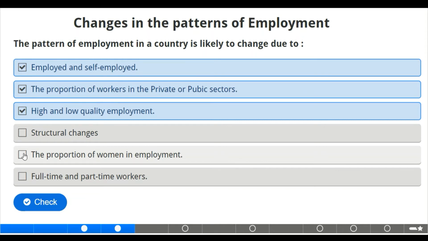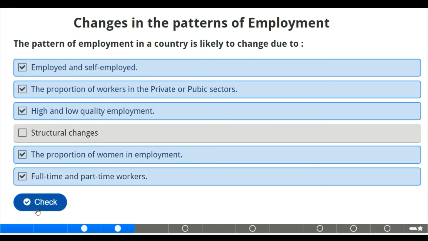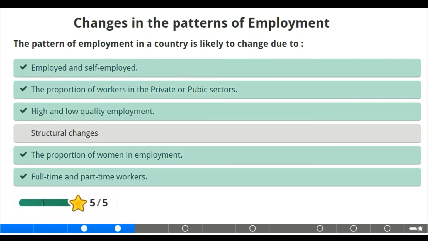And this can also change the pattern of employment. We also have full-time and part-time workers. Of course, full-time workers and part-time workers can also change the pattern of employment. Now let us check here. We got it right. Let us move to the next slide.